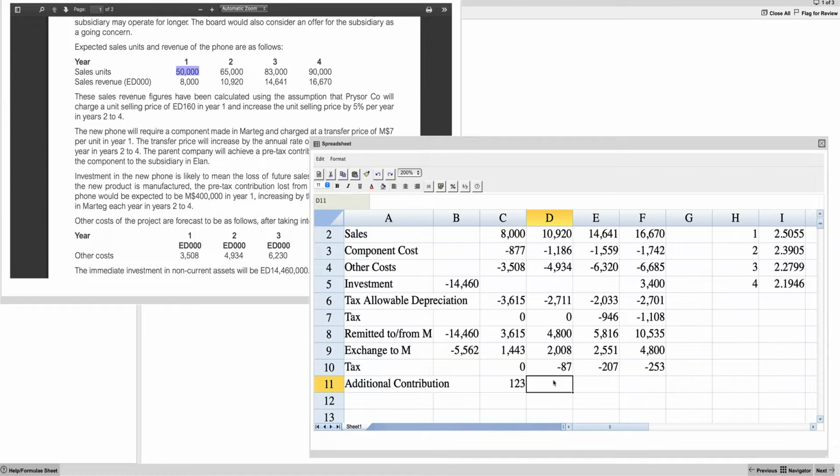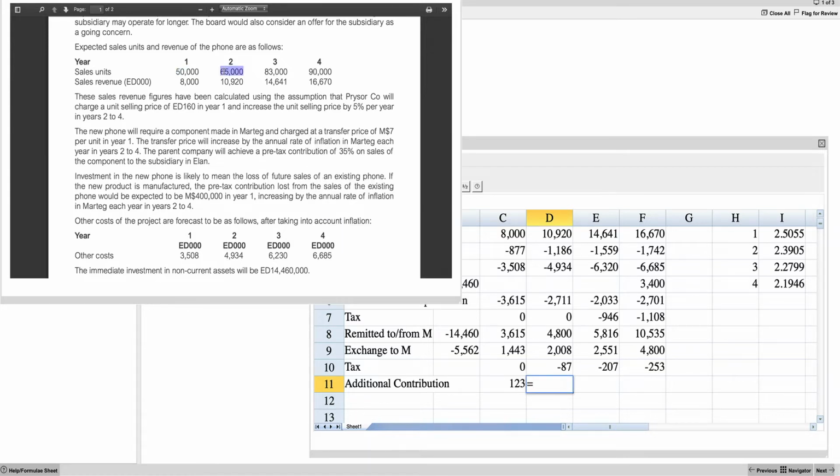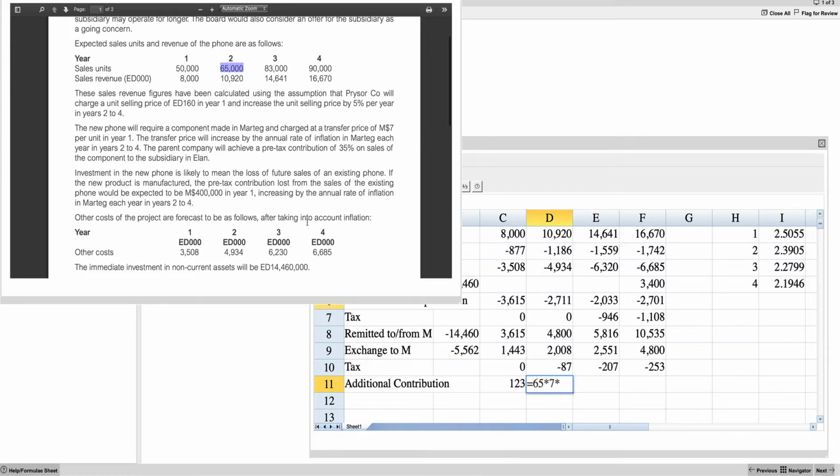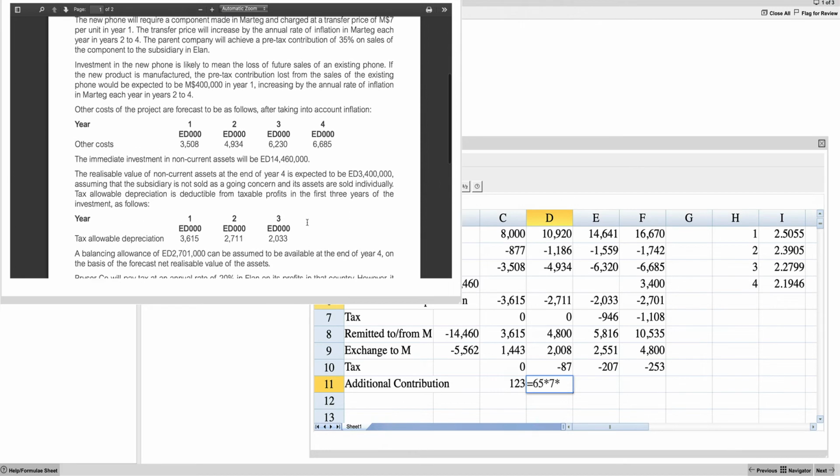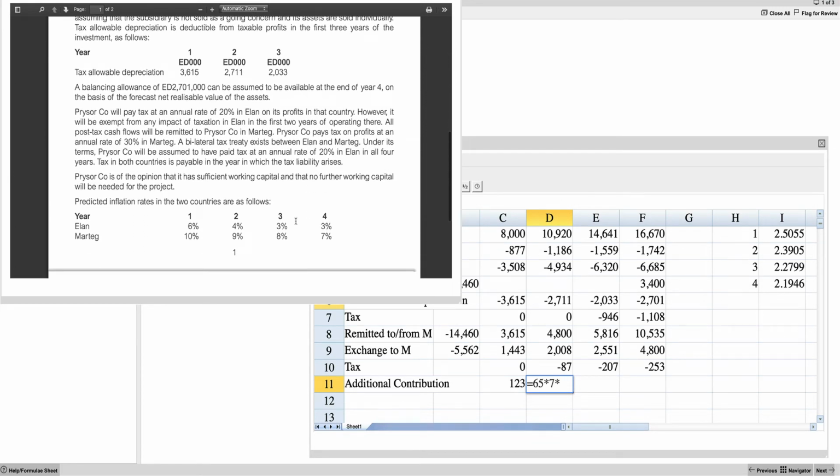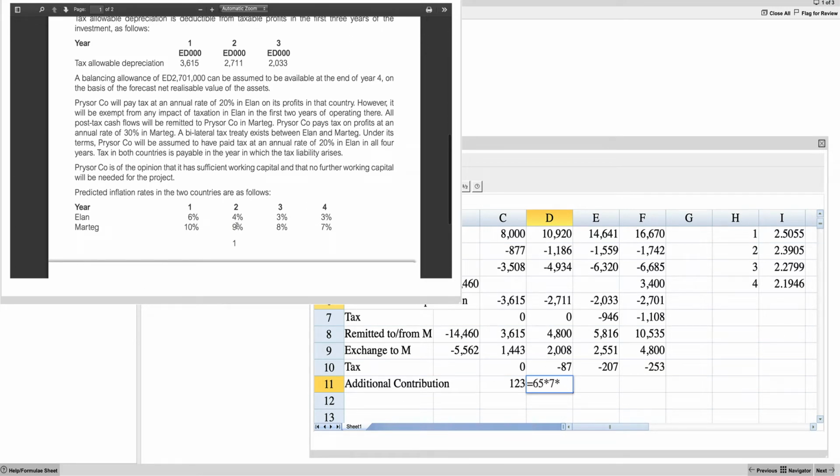Okay, so the additional contribution here then would be, we made sales of 65 times by 7, but there was inflation, if you remember. So the inflation rate in our country is 1.09 times by 35%.